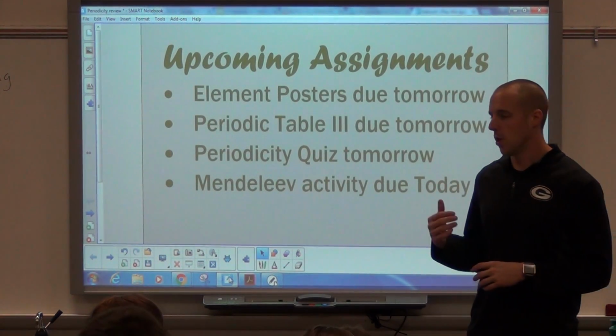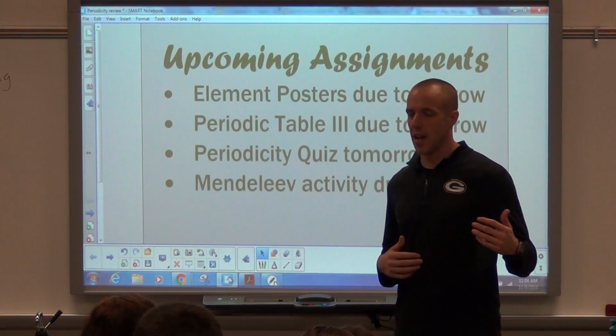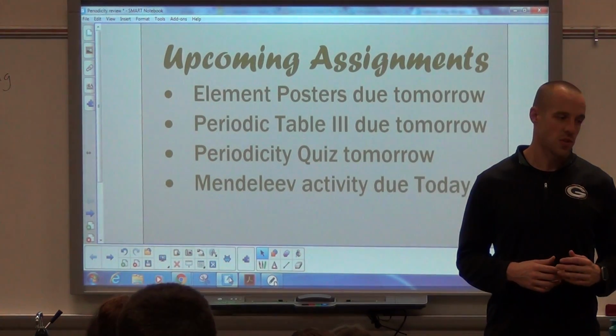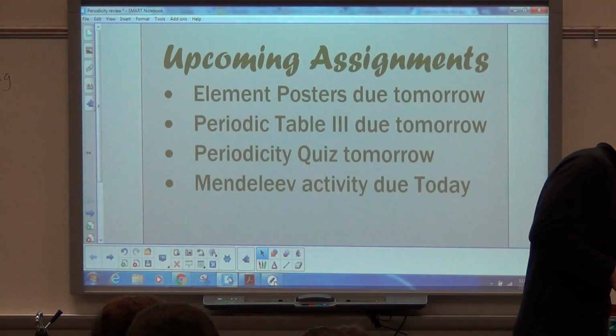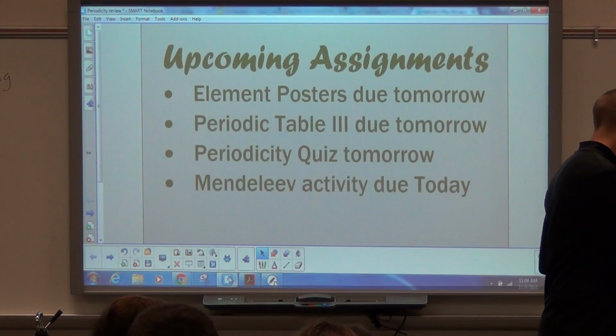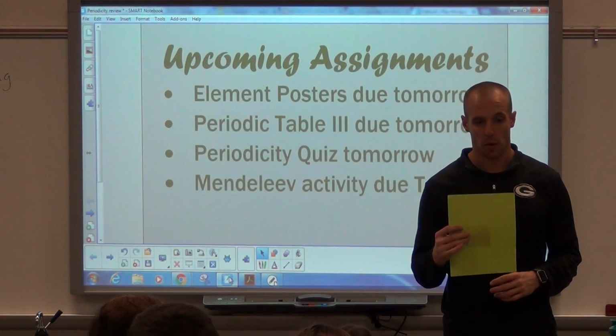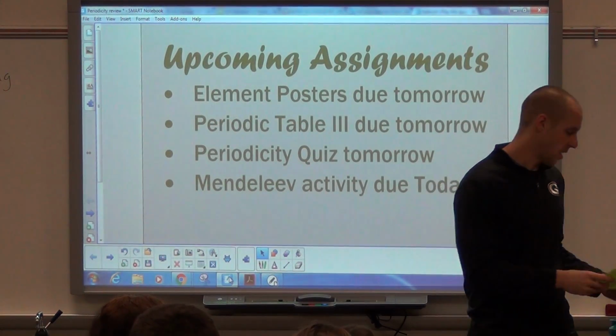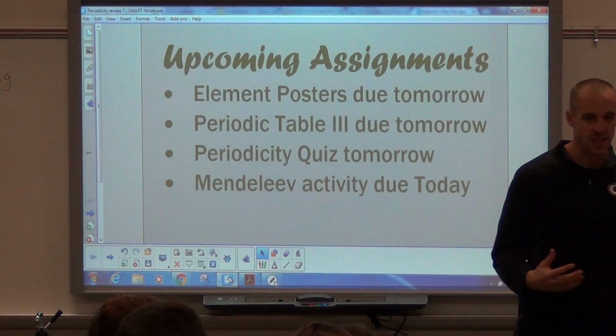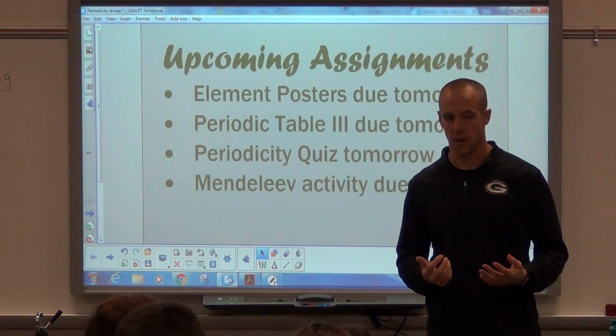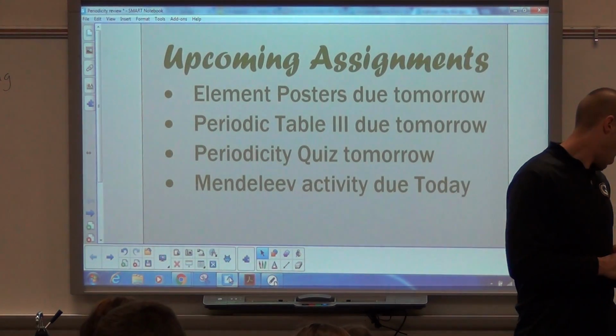Make sure that you don't have things that are hanging off your poster. And the last thing, your poster has to be oriented portrait, not landscape. They all need to be portrait when you're done, so that they fit nice and neat together when we create our periodic tables in our room.